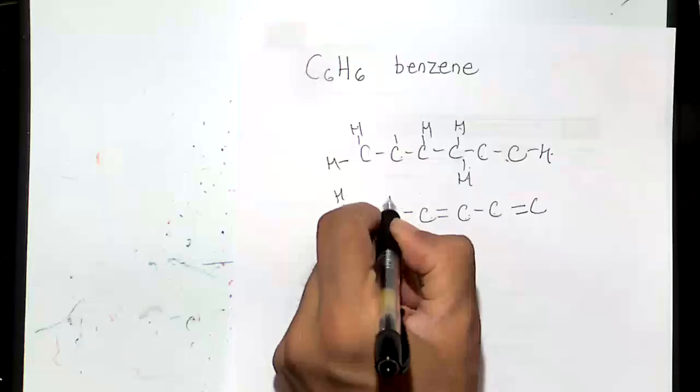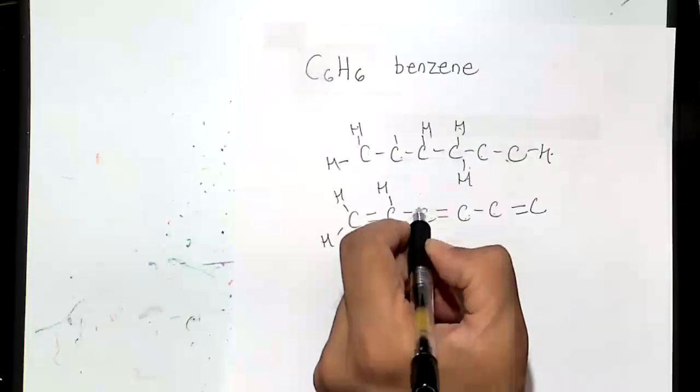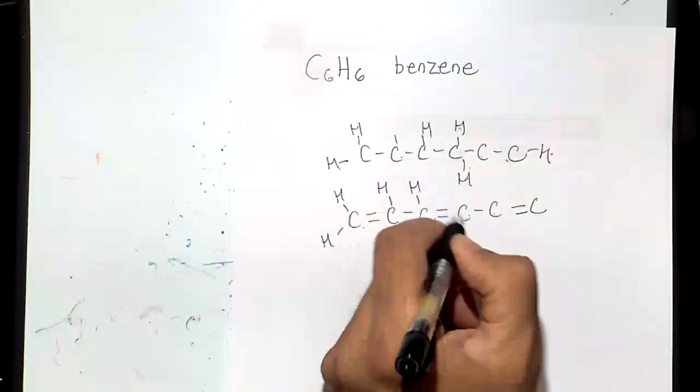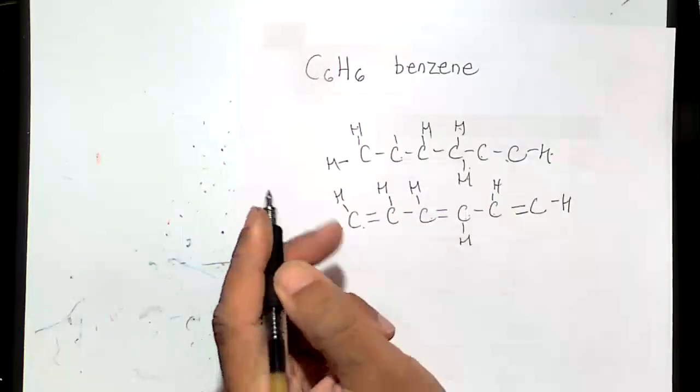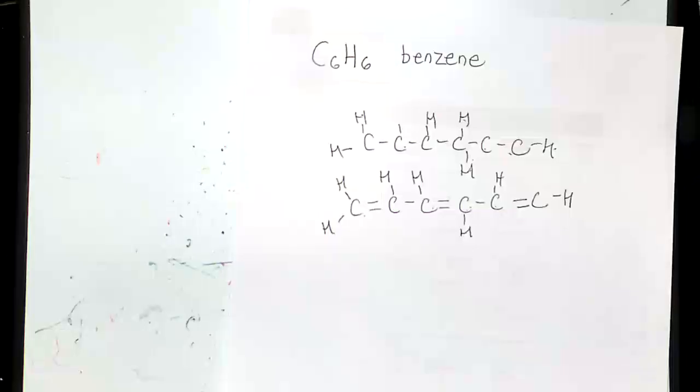Is that what you're saying, David? 1, 2, 3, 4. Still, I can't get 6. Wow. Okay, what can you do? How will I get 6 carbons and 6 hydrogens?